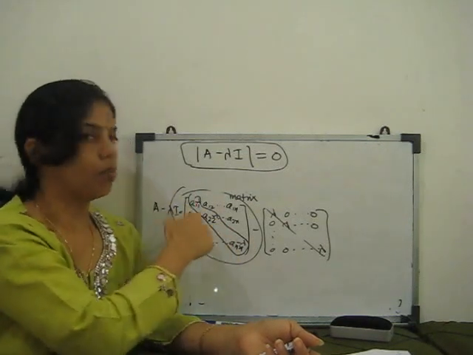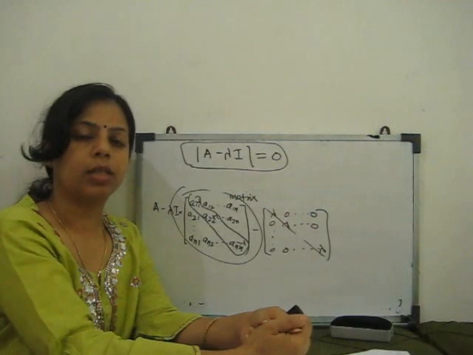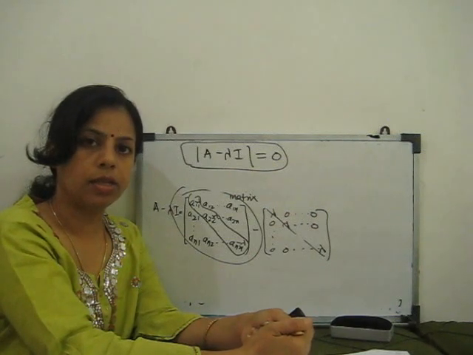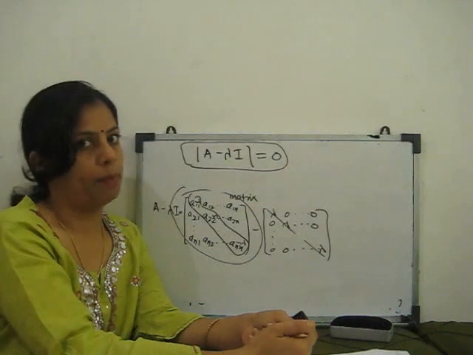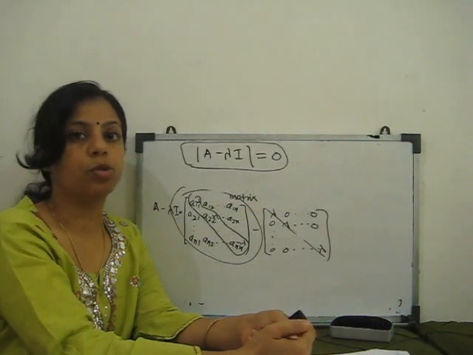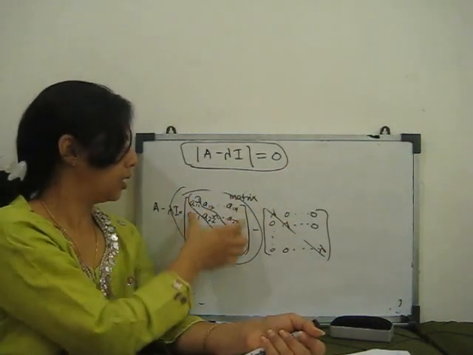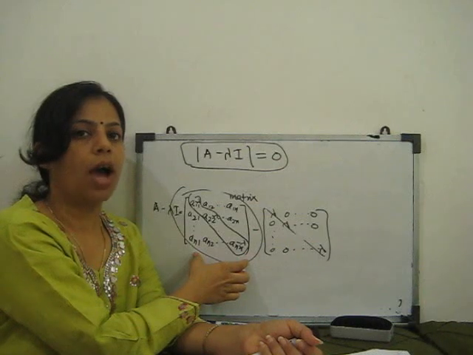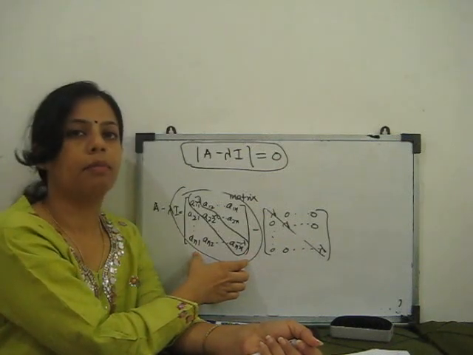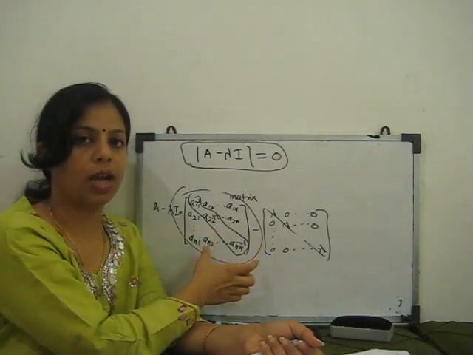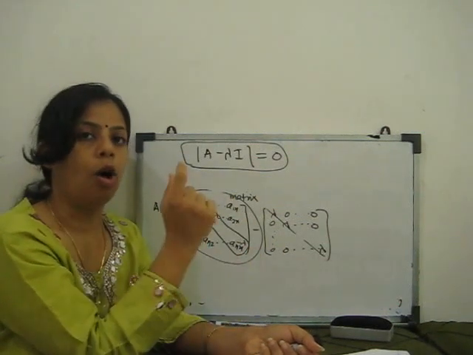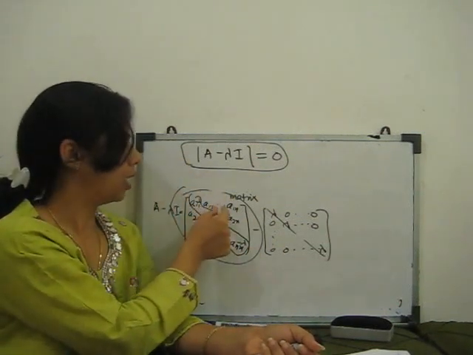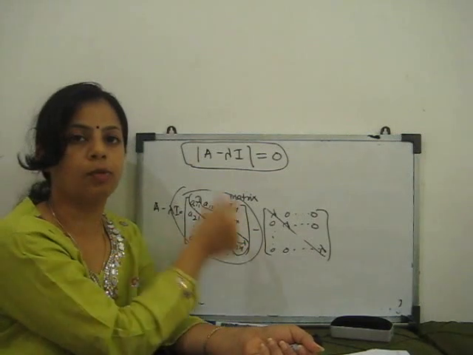This gives new values. Then we can solve this system of equations by reducing it to echelon form or upper triangular matrix. When we reduce this to echelon form, the system gives some values of the corresponding x1, x2, x3, x4.